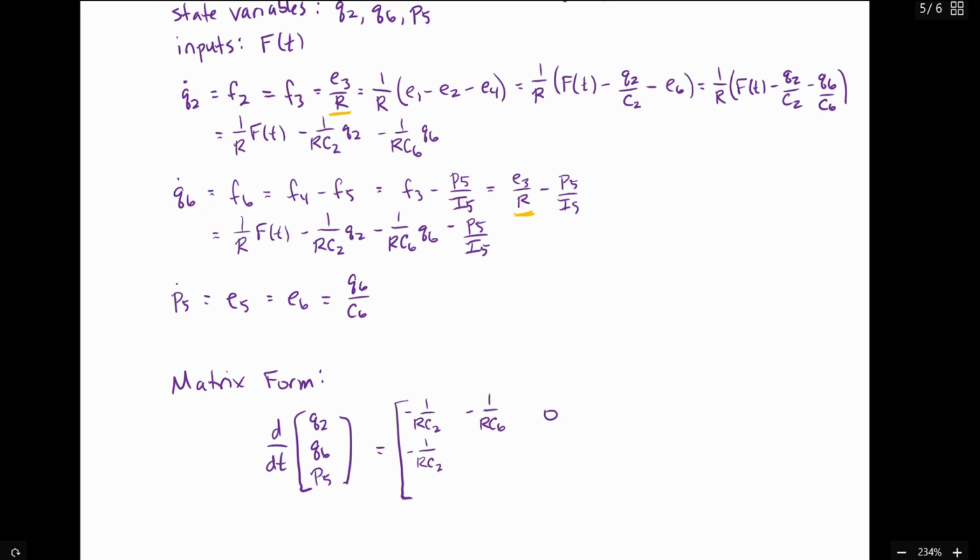In the Q6 dot equation, our coefficient of Q2 is minus 1 over RC2. Our coefficient of Q6 is minus 1 over RC6. And our coefficient of P5 is minus 1 over I5. Finally, in our equation for P5 dot, we have only one term, and our coefficient of Q6 is 1 divided by C6.